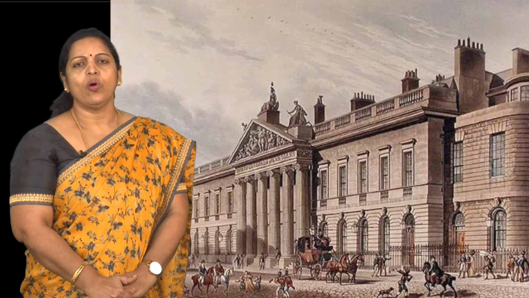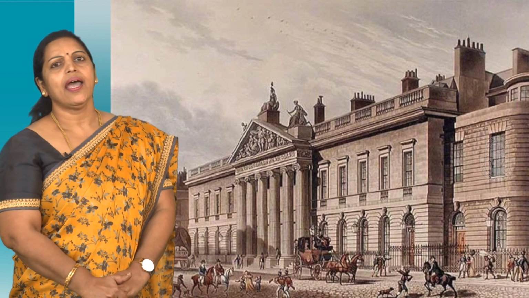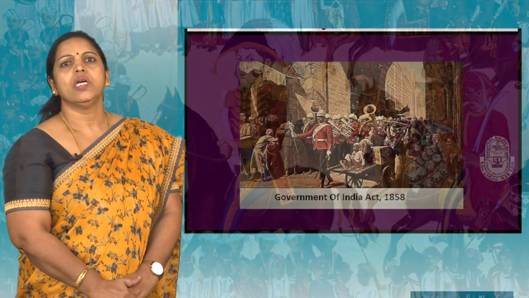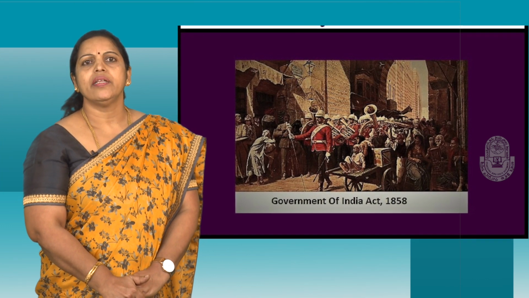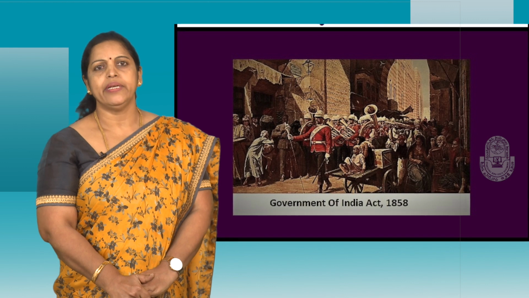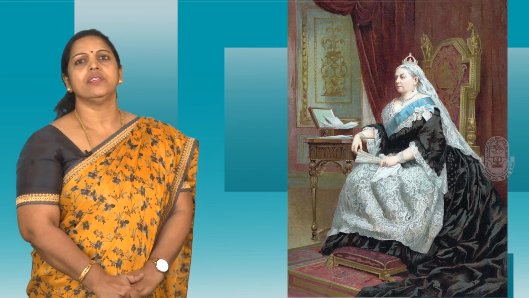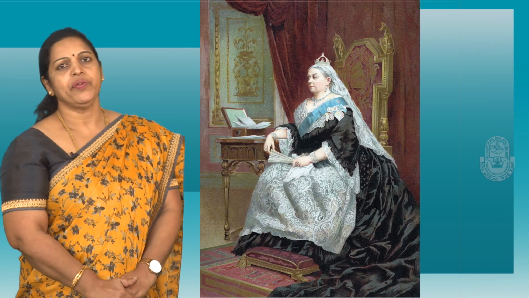This act abolished the East India Company and transferred the government powers from the East India Company to the British government. This was the statute Parliament enacted to govern India under the direct rule of the British government. Hence, the British Crown assumed sovereignty over India in 1858.